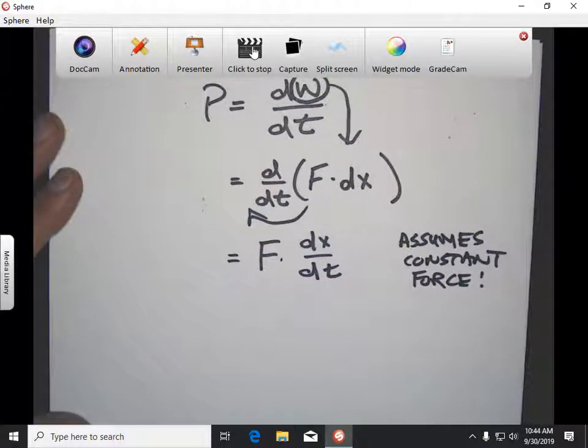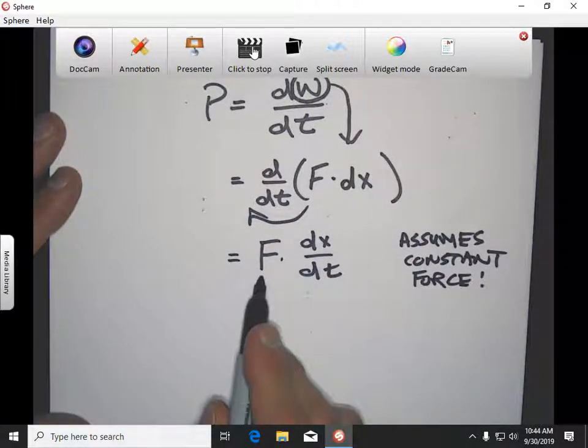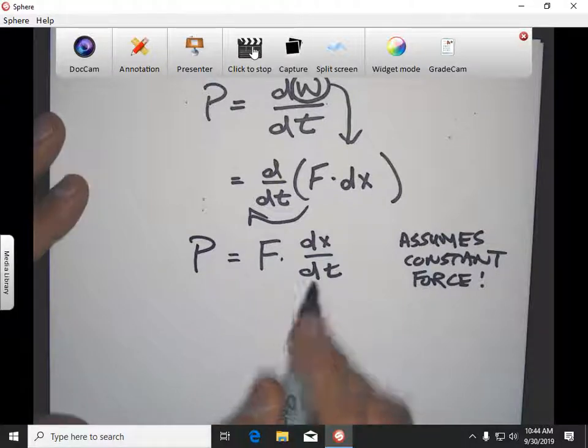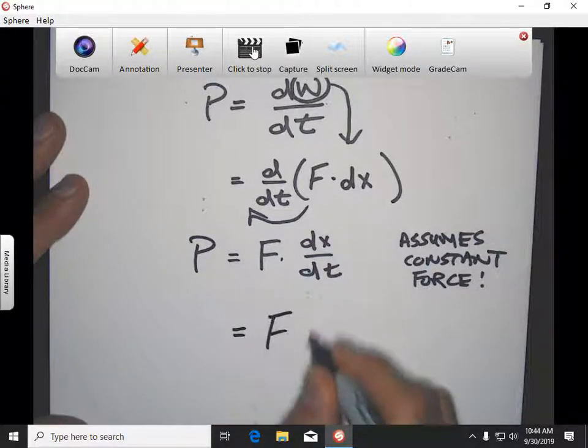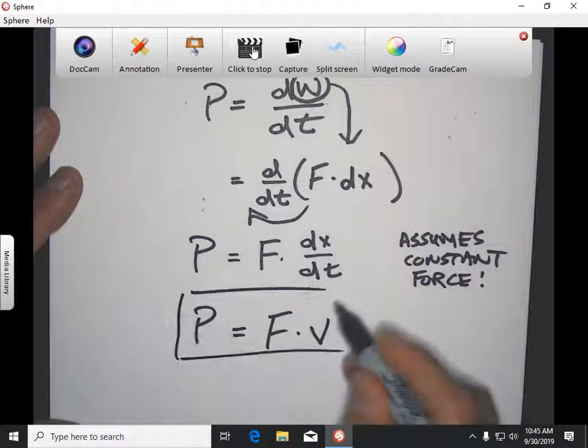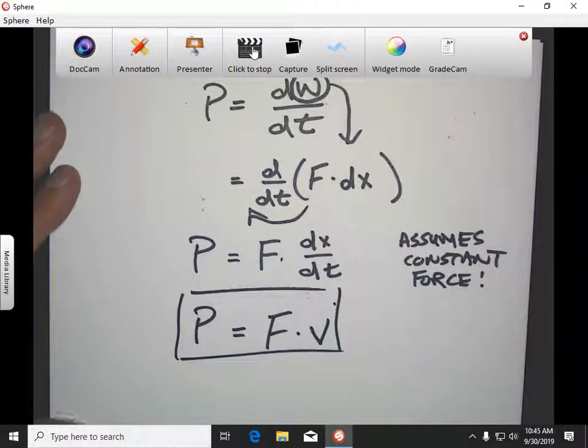But the bottom line is that you end up with a different way of finding power. Do you recognize this? That power is equal to force times dx dt. Well, what's dx dt? That's actually just velocity. Okay. And so this is a really handy formula for finding power.